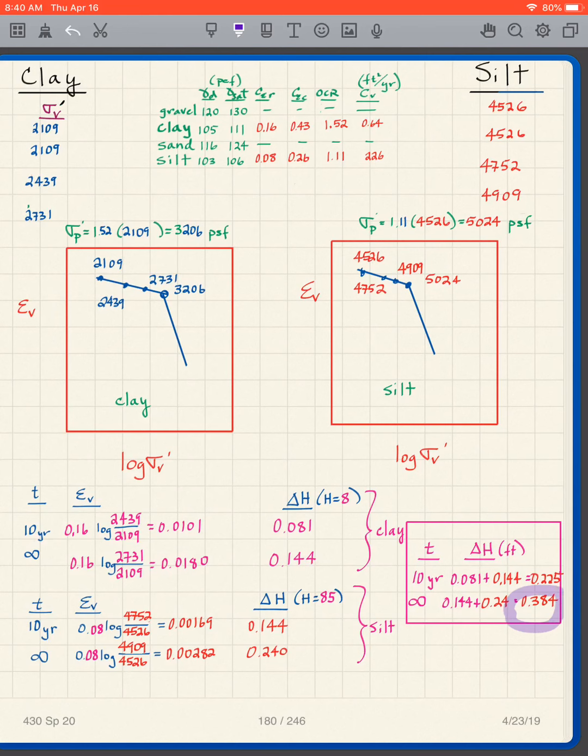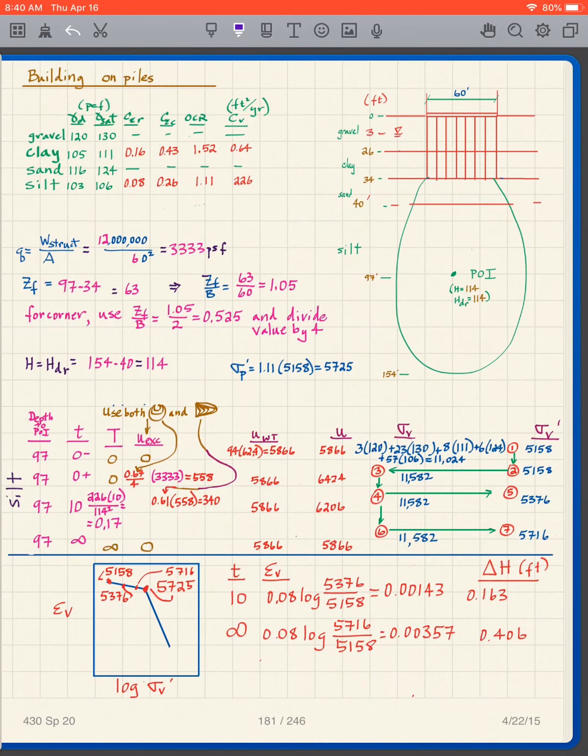So in this particular case, the basement works better than the piles. The settlement is a bit less. So in this particular case, assuming the basement works, the basement is the one to use as a comparison.